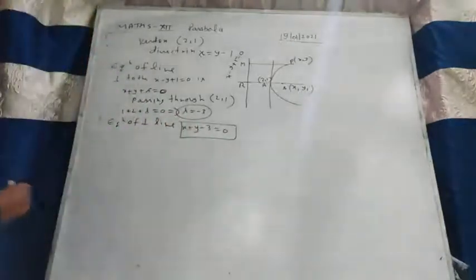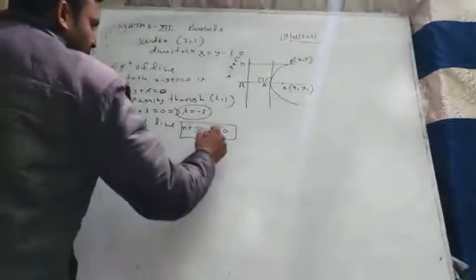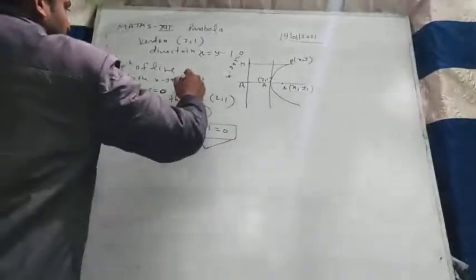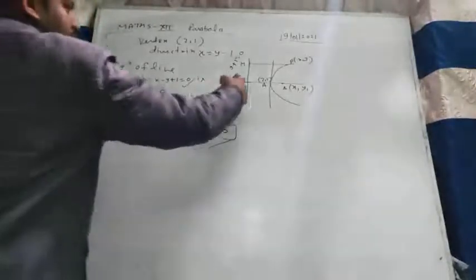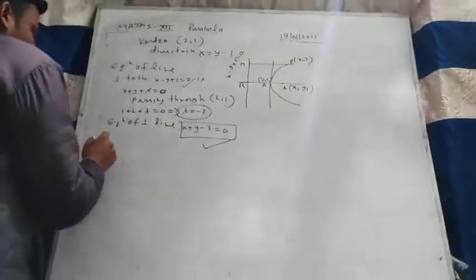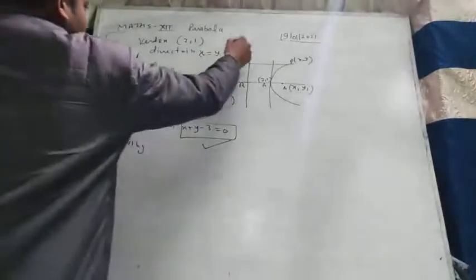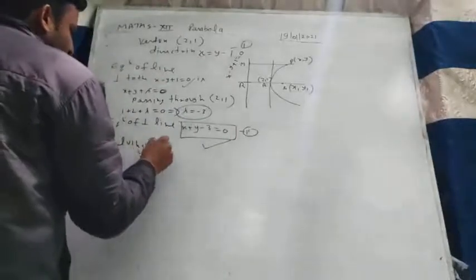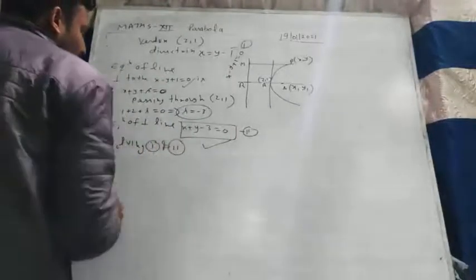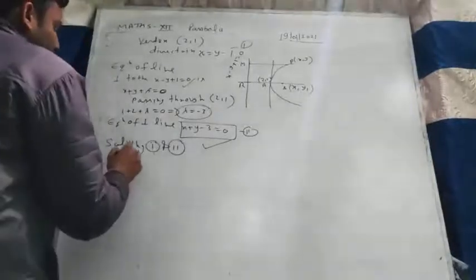Now, student, we will find the intersection of this line and this line. So we will find the coordinate of this R, solving the first and second equations.